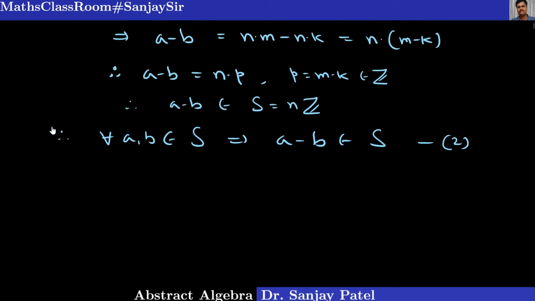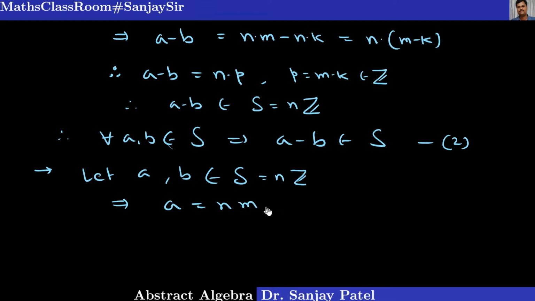The third condition which is to be proved for making S into a subring is that it is closed with respect to multiplication. So let us take A and B belonging to the set S, which is nZ. And what I want to prove here is that A into B also belongs to S. Since A belongs to S and B belongs to S, I can write A is equal to n into m and B is equal to n into k, where m and k are some integers.